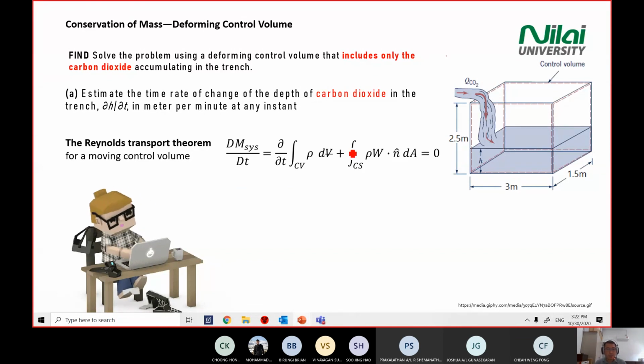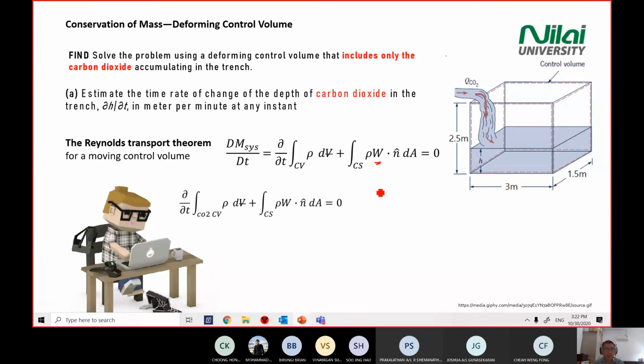So the change of mass in the system equals del over del T in the control volume plus whatever change in the control surface. In this case, again, we look at W rather than the U, and we look at only the CO2 component.